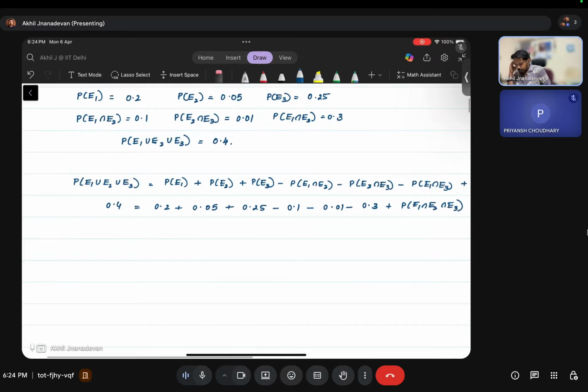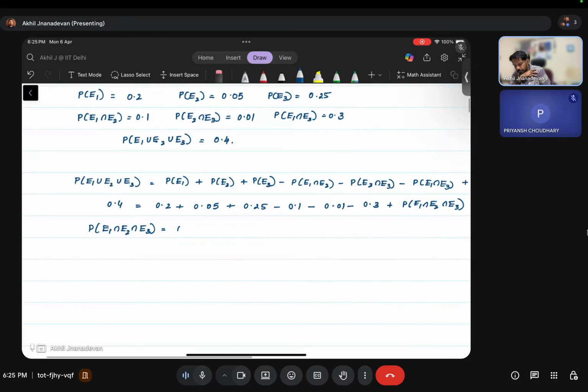From this, if we solve it, we will get the probability of failure of E1 and E2 and E3 as 0.31. Okay, so this is the final answer.